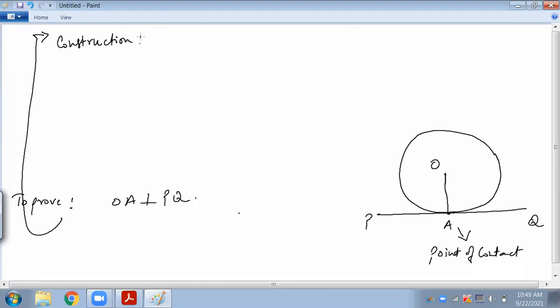Construction: we'll take a point B on PQ, and we'll join OB to intersect the circle at, say, C.